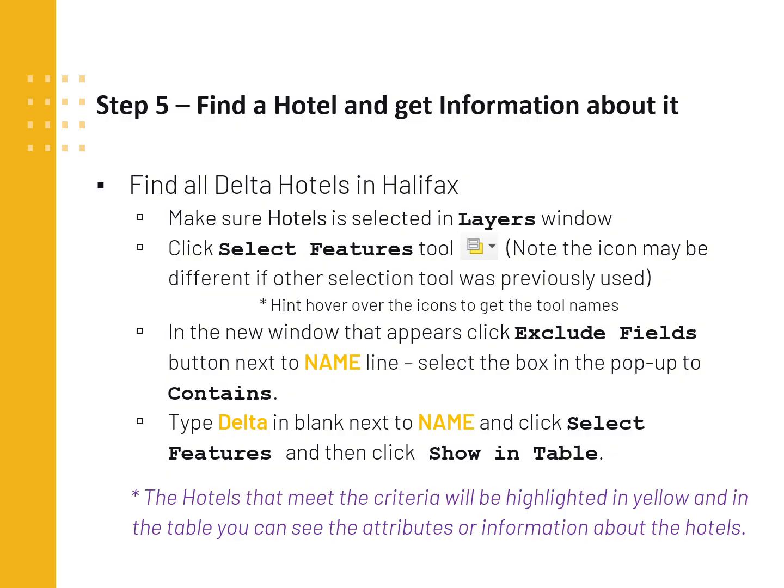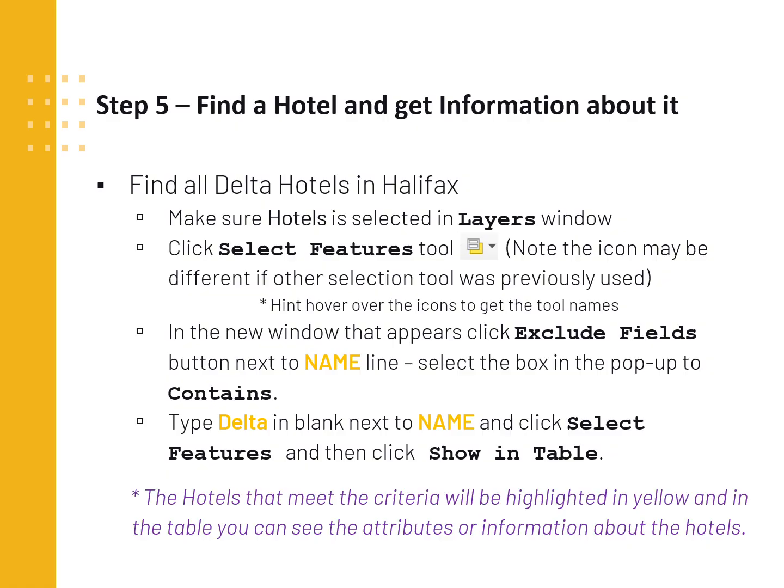Then you're going to click on the Select Features tool. Okay, so you can see by the icon, it looks like a yellow box with a gray box on top of it. You should note the icon may look a little different because the drop-down arrow beside it will allow you to select different options of selecting features. So just be aware of that. If you hover over the icons, you will get the tool names, so that can help.